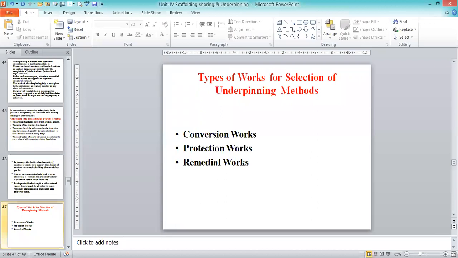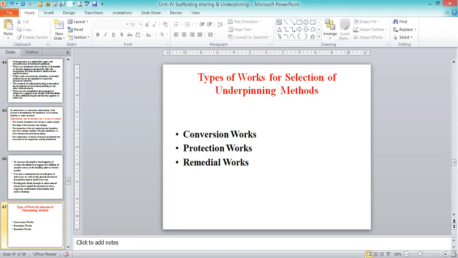So: conversion works, protection works, and remedial works. Once again, the underpinning methods are conversion, production works, and the last one, remedial works. Production works means soil stabilization, improving the foundation soil characteristics, so that whichever soil we go for, foundation treatment is provided.